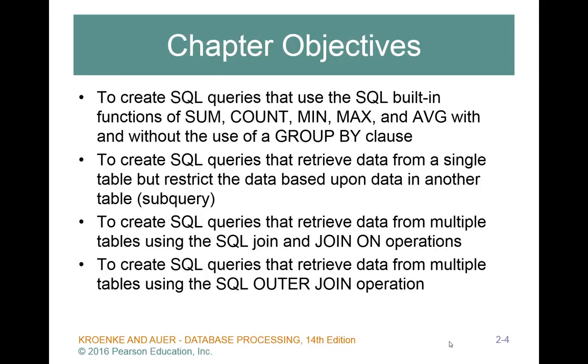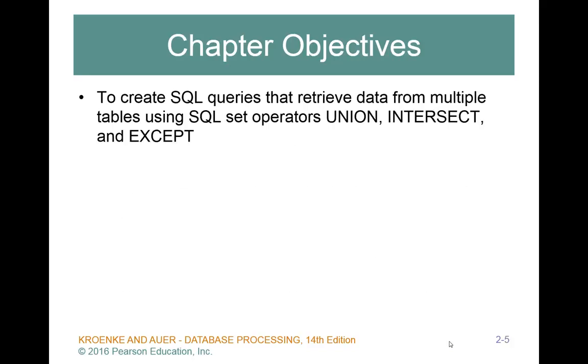We will also cover subqueries, which is another way we can retrieve data from multiple tables, as well as from single tables, restricting data based on information that we retrieve from another table. And lastly, we'll cover the operators union, intersect, and except.